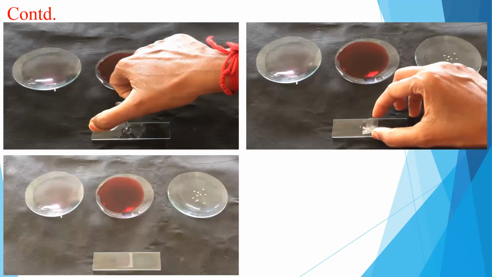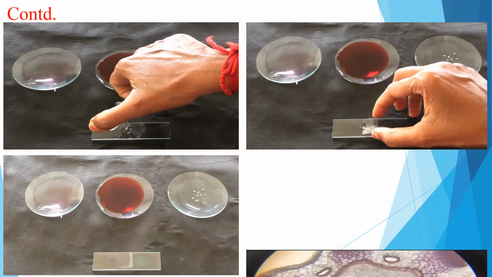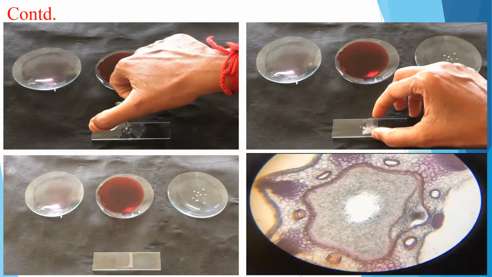This is the proper attachment of the thin portion of fennel fruit to the microscopic slide with the cover slip, and then it is placed under the microscope, and this is the microscopical view of the thin portion of that fennel fruit under the microscope.